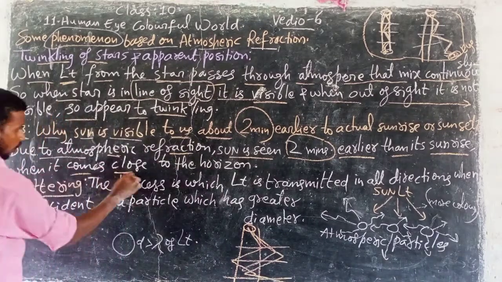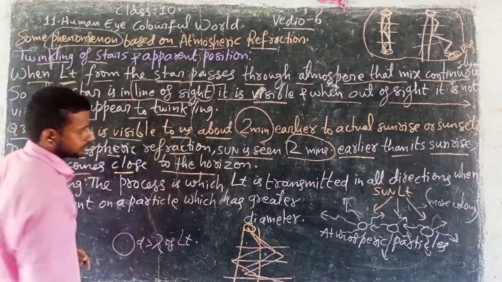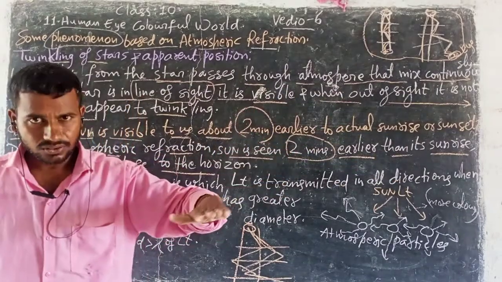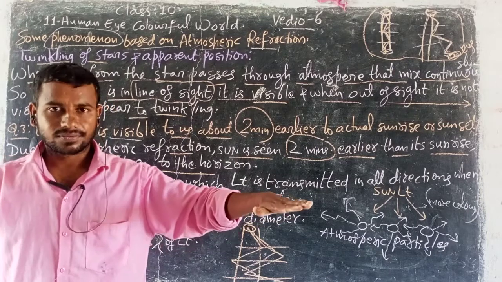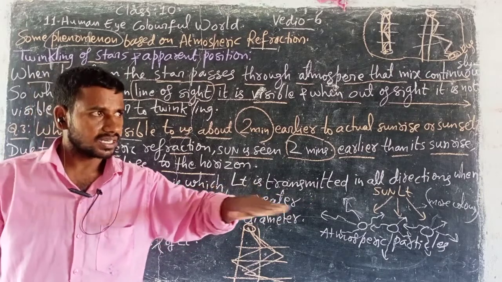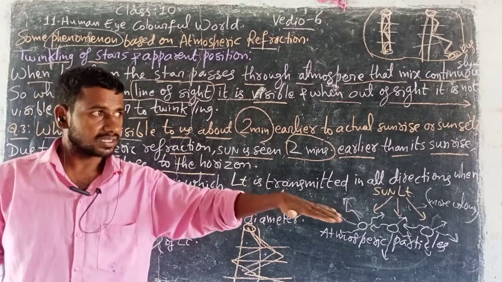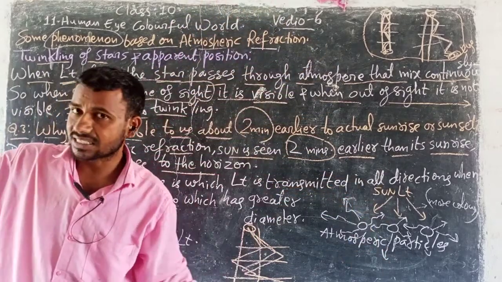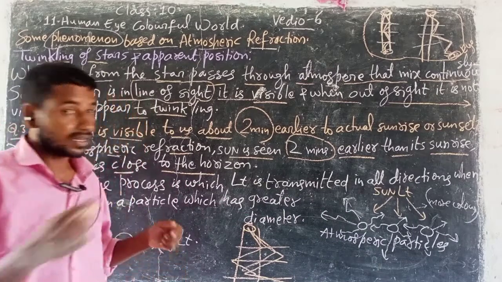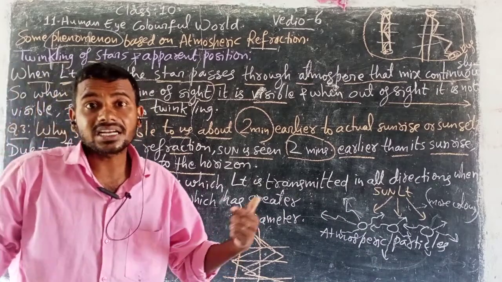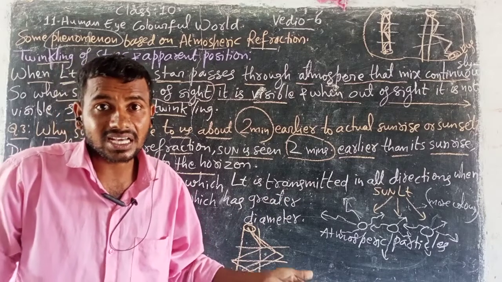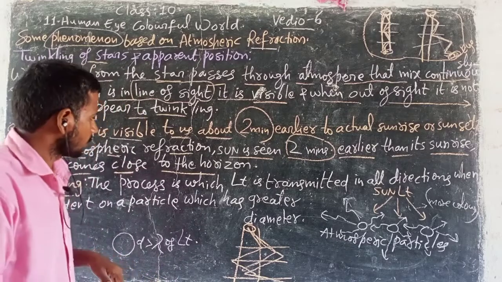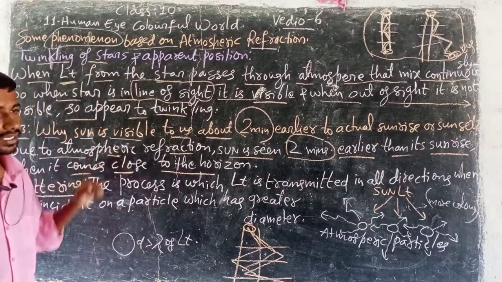When it comes close to the horizon, sunset or sunrise, horizon, earth line, for example, think. When that horizon line is straight, then when the sun is going to sunset or coming to sunrise, we feel sunrise is occurring 2 minutes before, sunset is occurring 2 minutes later. We feel 2 minutes before because of, look here, atmospheric refraction.